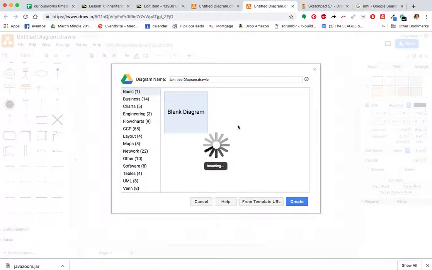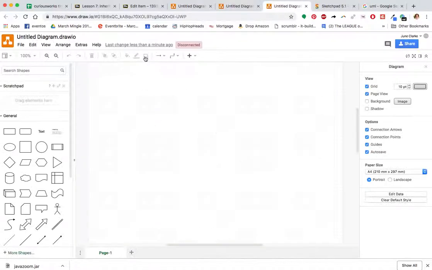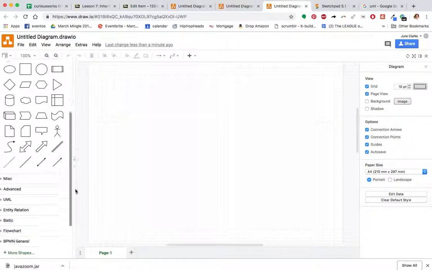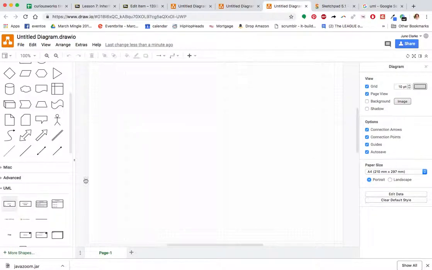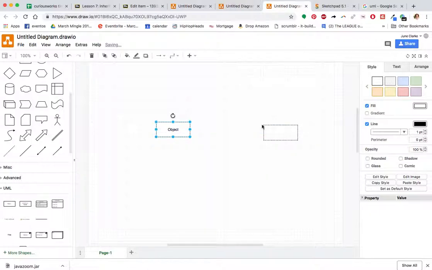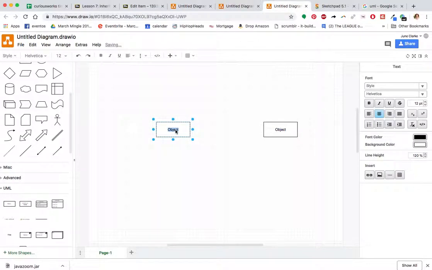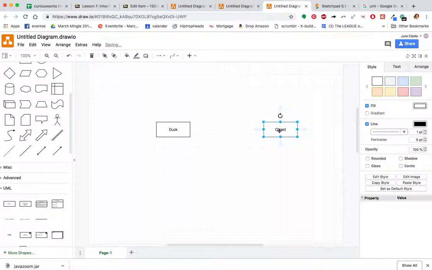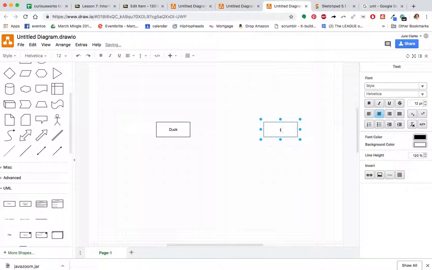Okay, we're going to talk about ducks. Okay, UML section, and then I'm going to have a duck. This is just to show you what this relationship might be like. And then over here, I'm going to have a pond.